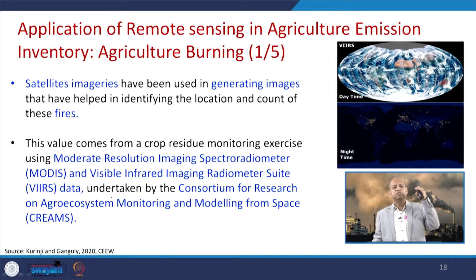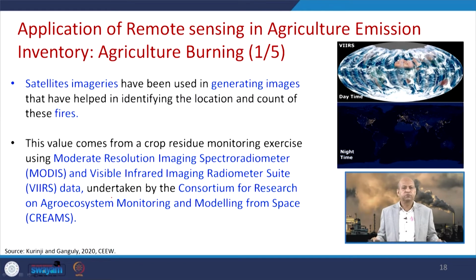So the satellite measurements, which are generating images for identifying locations and count of different fires which are taking place at the forest level or even agricultural fields, and the values which come from a crop residue monitoring exercise using the Moderate Resolution Imaging Spectroradiometer, MODIS, and Visible Infrared Imaging Radiometer Suite, VIIRS, data. These are undertaken by the Consortium for Research on Agroecosystem Monitoring and Modeling from Space.